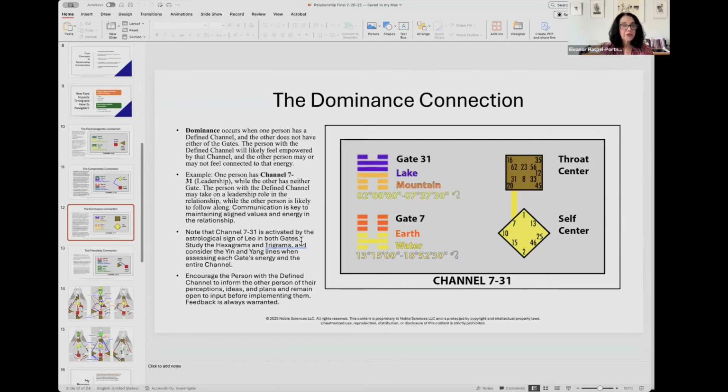And the person with the 7-31, the dominance, needs to listen so that the leadership role that that person takes on is the role that's appropriate for the others who are following. Communication, listening, and mirroring, which I'll talk about in the next channel, are important communication skills.